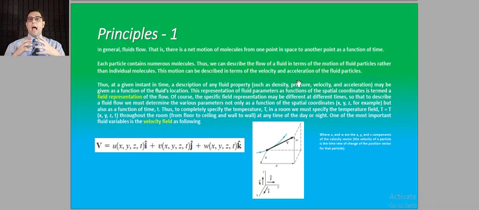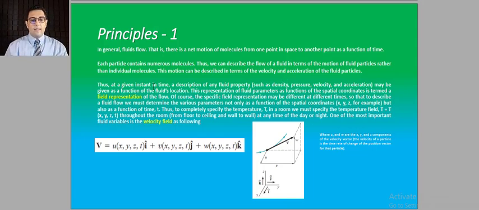Furthermore, if we take a look at the particles, there are millions of molecules in them. So we would much rather go through the particles' motion analysis in order to identify the velocity and the acceleration of the fluid, because it's easier to do.